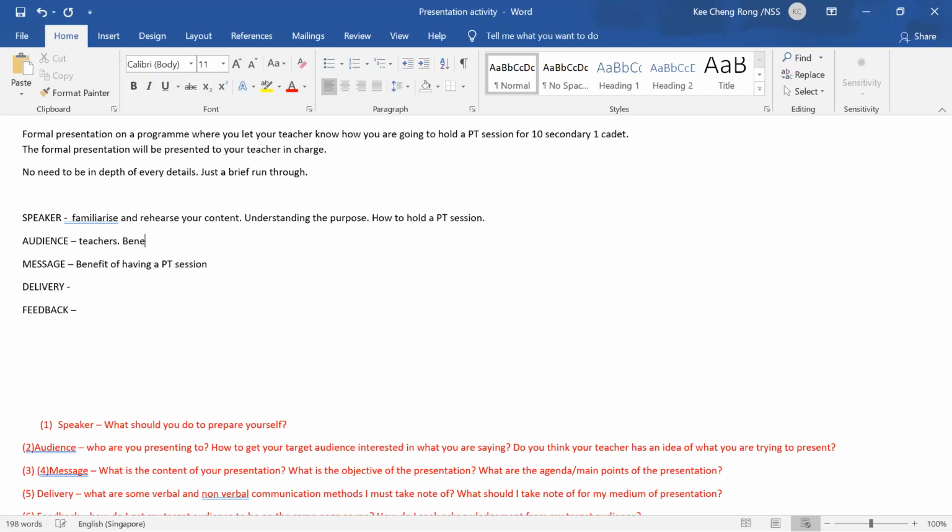But yes, correct. Benefits of having PT should be included. So, okay. Do you agree with what I'm writing over here? Yes, sir. Okay.